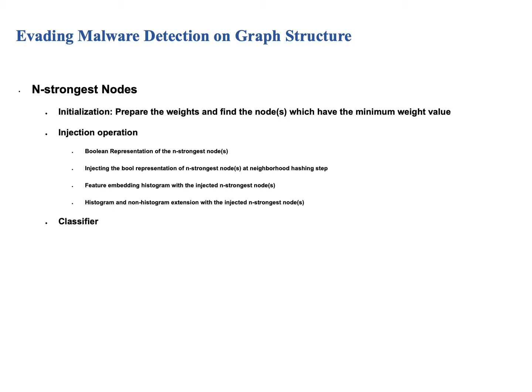And then we put the modified embedding into our classifier to test and make a decision. That is the instruction node method.